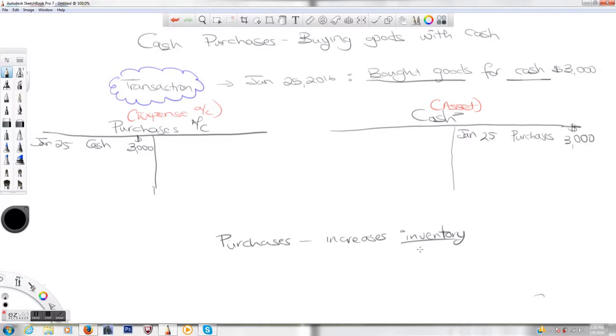Inventory is an asset, and to increase an asset, you debit. So when we buy stock, we debit purchases for two reasons. One is an expense. To increase an expense, you debit. And when we purchase goods, we also increase an asset. And to increase an asset, we debit. The double entry rules do not contradict each other. They all work in the same way.